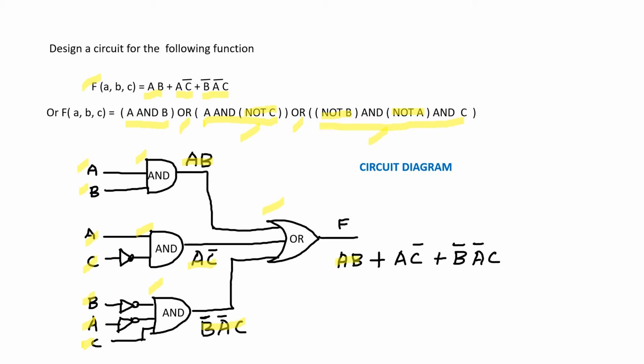So the circuit diagram design is very simple if you are able to separate out the expressions and represent it in this form, and you have to apply the rules of the order of evaluation of Boolean expression to come up with the expression as well as the circuit diagram.